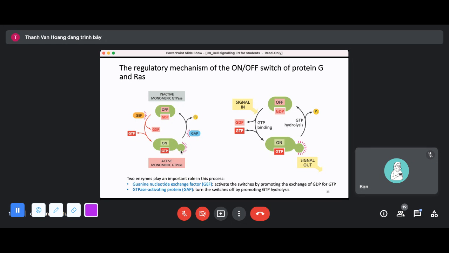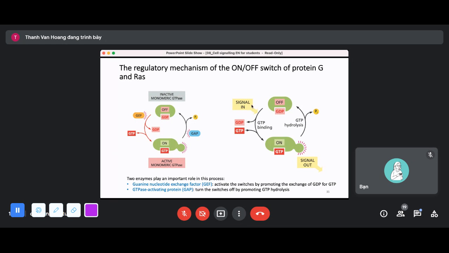As I mentioned, you see that two very important enzymes play a role here, and here is the mechanism of how the G protein is regulated. It's just a review of what we have learned about the G protein, to compare with RAS. The mechanism of how the protein gets activated is very similar. Here you can see the alpha subunit when bound to GDP is inactive, and when bound to GTP is activated.